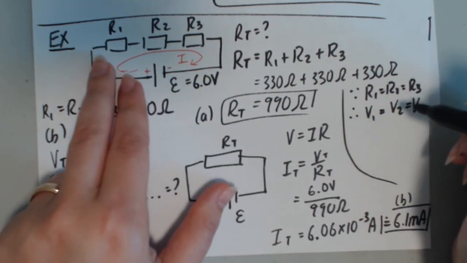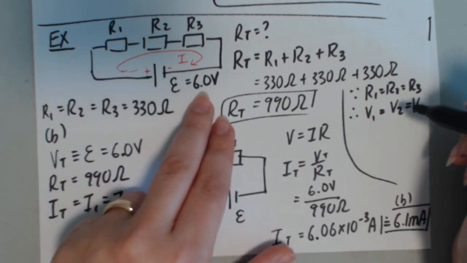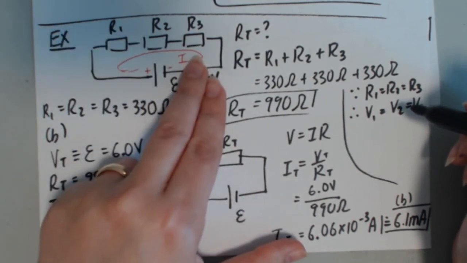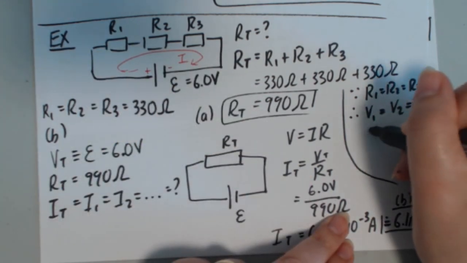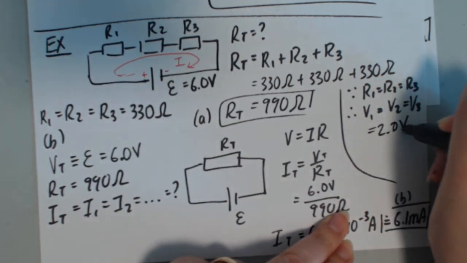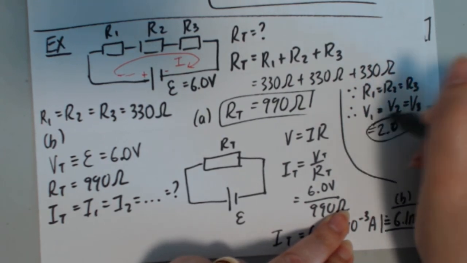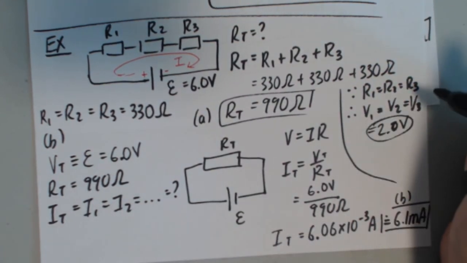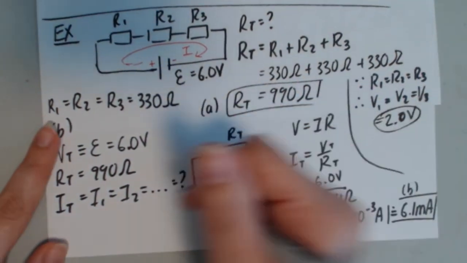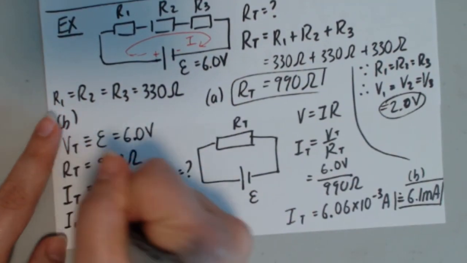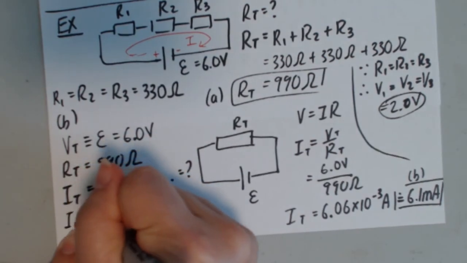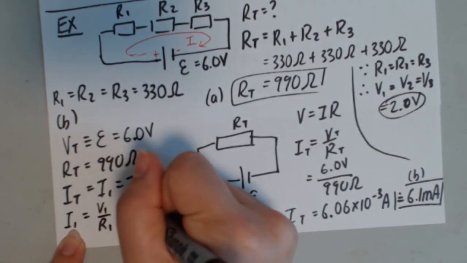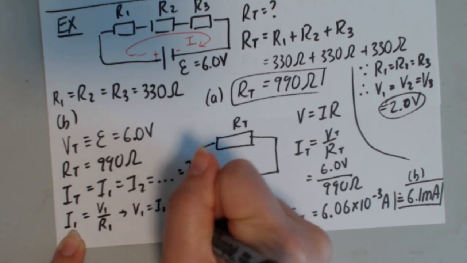These two are going to be the same. So my 6 volts divided evenly amongst each of those three, that's going to be 2 volts, 2 volts, 2 volts. Now that's not the only way to figure it out. I mean, we can confirm our value by simply calculating the current for any one of them. So for instance, if I wanted to find I1 using Ohm's law, it's going to be V1 over R1. So therefore, V1 equals I1 times R1.